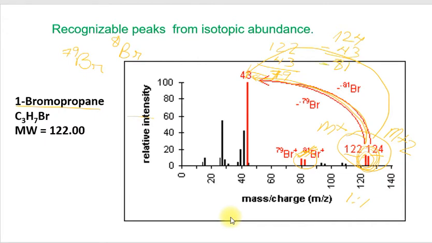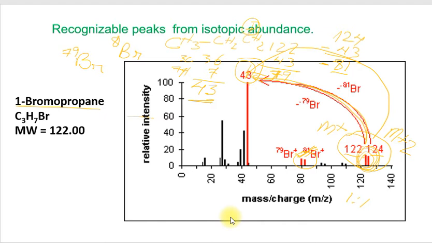So that is the fragment of the bromine 81 isotope. 43 is the propyl cation, CH3CH2CH2 plus. For carbon, we have 3 carbons, so 36, and 7 hydrogens, so 43. So that is the fragment due to a propyl cation.